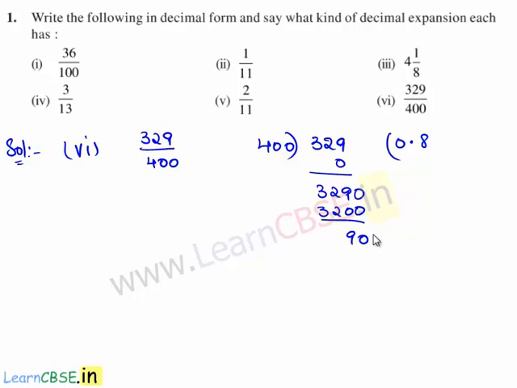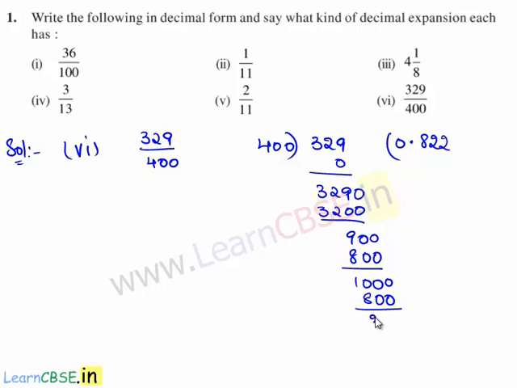Because of the decimal point, 90 becomes 900. 400 goes in 900 2 times, as 400 times 2 is 800. Now we are left over with remainder 100. And because of the decimal point, 100 becomes 1000. And 400 goes in 1000 2 times, as 400 times 2 is 800.